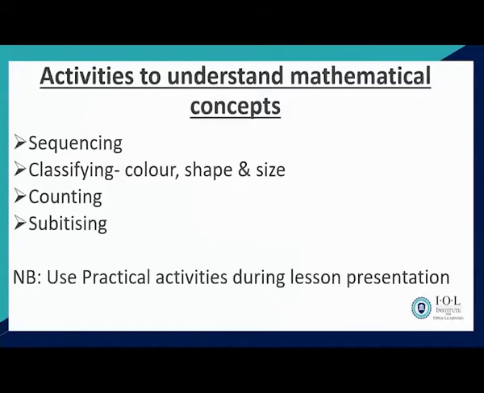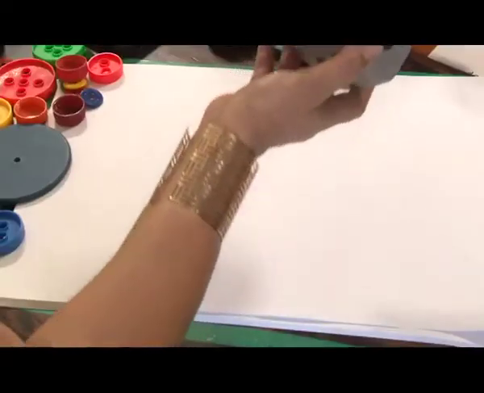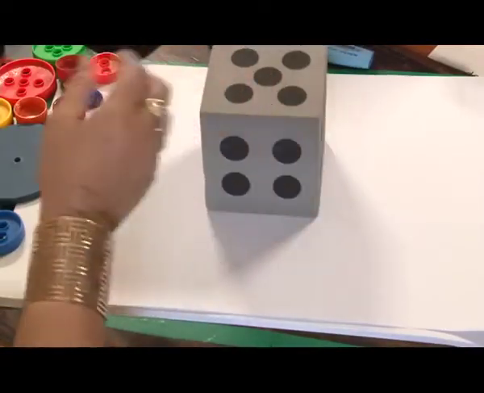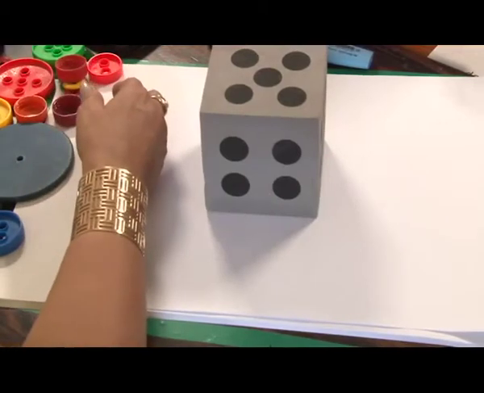Now, what is subitizing? Subitizing simply means when I can see the number without counting. Usually it's small numbers. Many of us like to play games that involve a dice or dominoes.